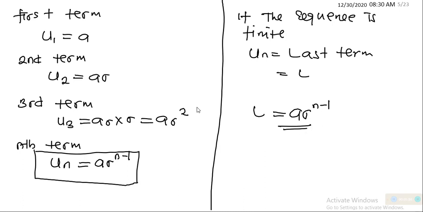So this is the formula for the nth term, and this is how to generate the nth term. Now we'll move on to examples.